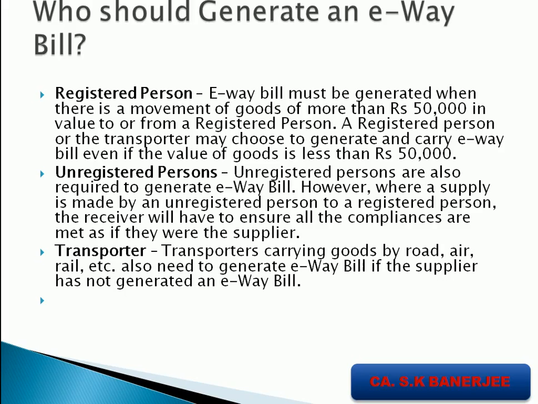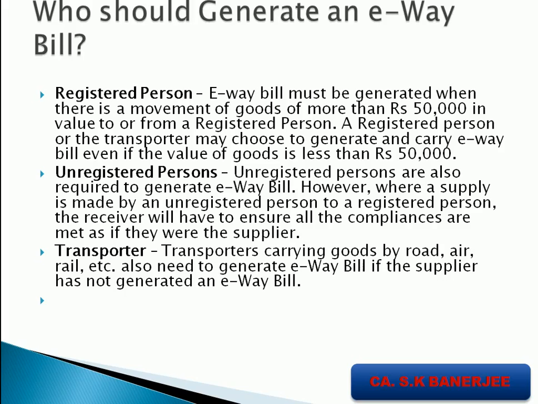And transporters carrying goods by road, air or railway also need to generate an e-way bill if the supplier has not generated one. So if both the person from whom you are taking the goods and the person to whom you are taking the goods have not prepared the e-way bill, then the transporter has to prepare it. So the government is totally safe on all three sides.